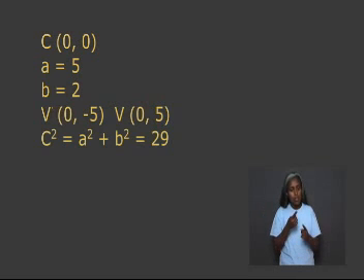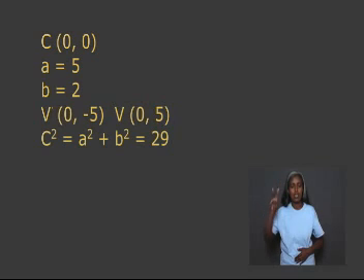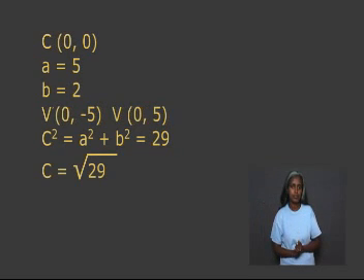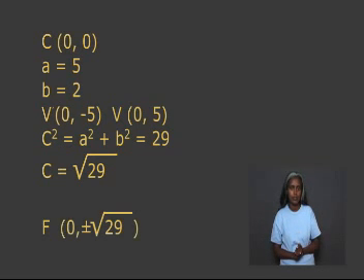From the relation c squared equals a squared plus b squared equals 29, we get c equals the square root of 29. Thus, the foci are 0, plus or minus the square root of 29.